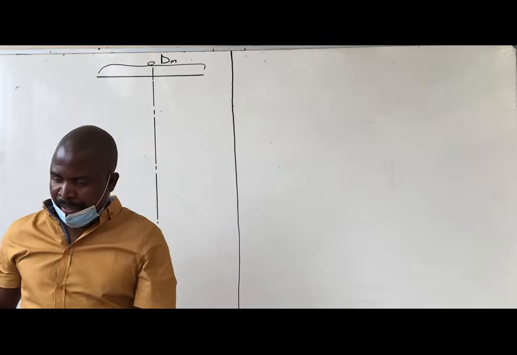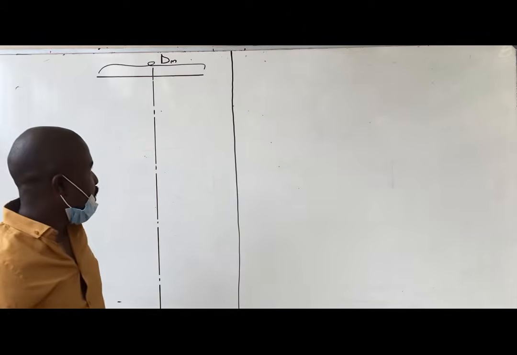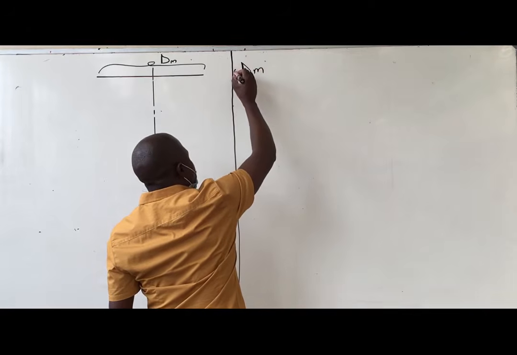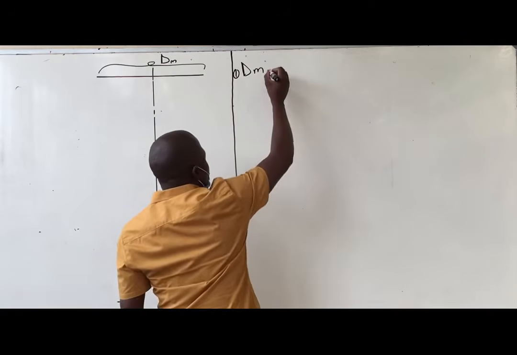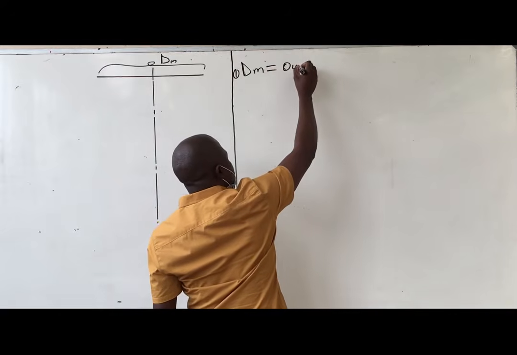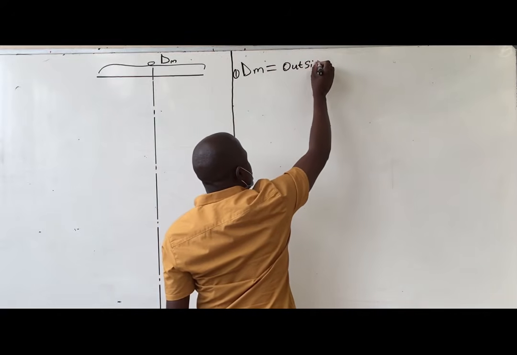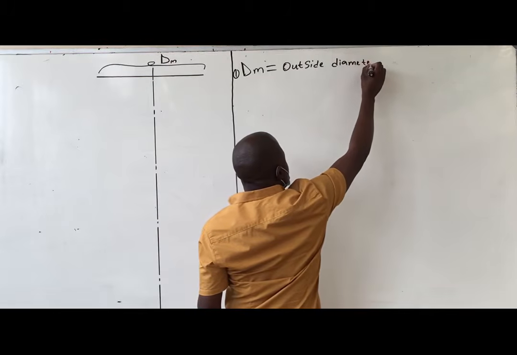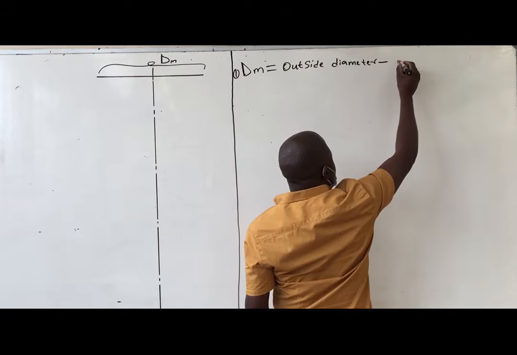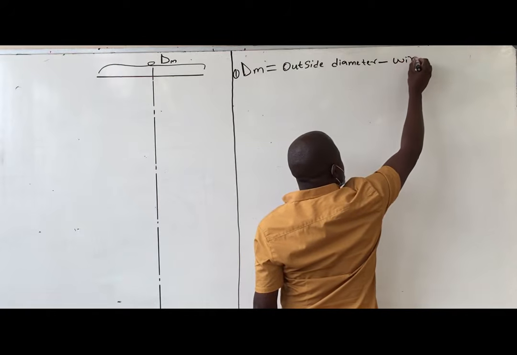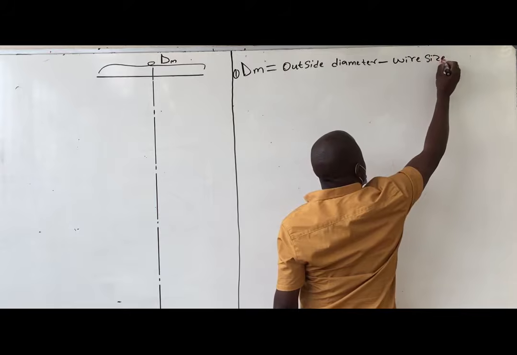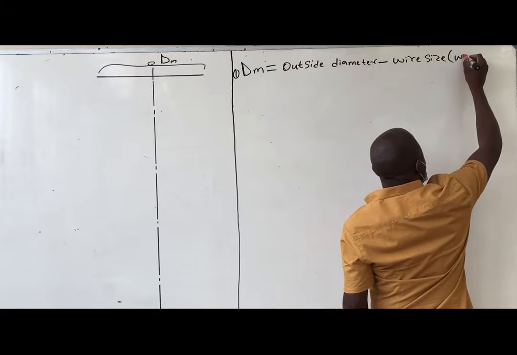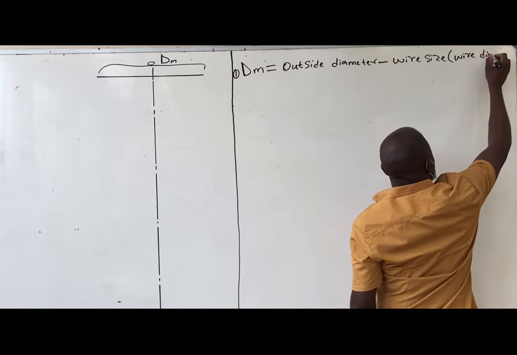How do you find a mean diameter? dm is equal to outside diameter minus wire size. This wire size sometimes is referred to as wire diameter.